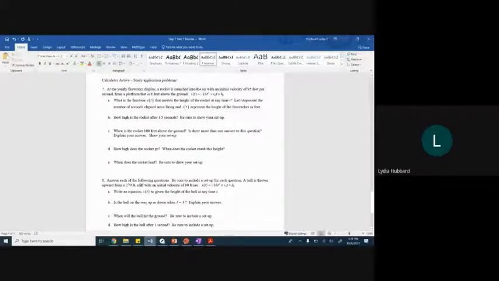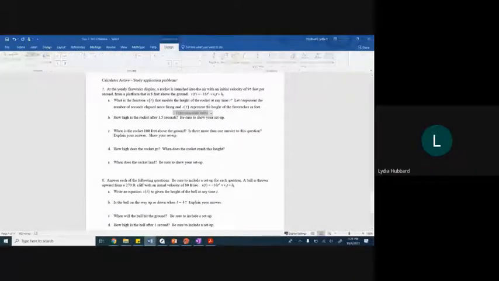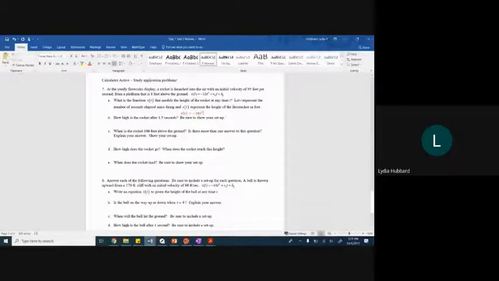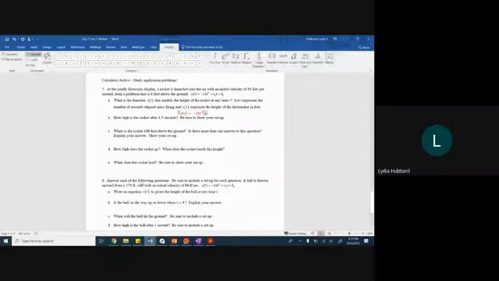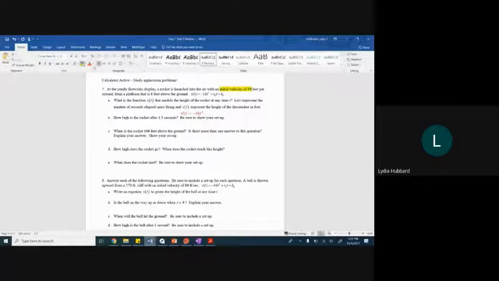So basically, we're going to use this formula right here. So I'm actually even going to copy and paste it, and insert an equation. So we're saying the height, which is s(t), is equal to negative 16t squared plus that initial velocity, which if we go back to our question, it says the initial velocity is 95 feet per second.